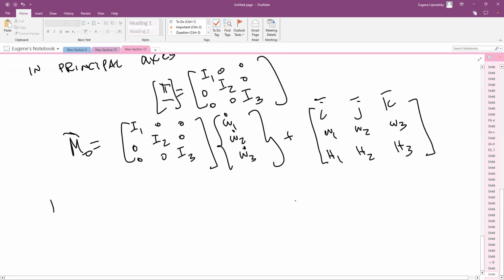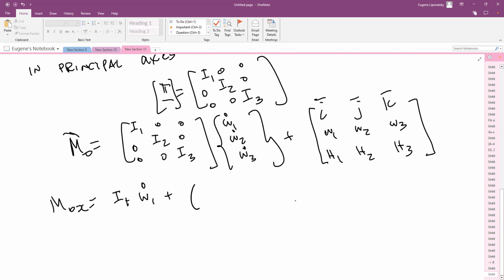So, for example, M_OX equals I1 omega 1 dot plus omega 2 H3 minus omega 3 H2.